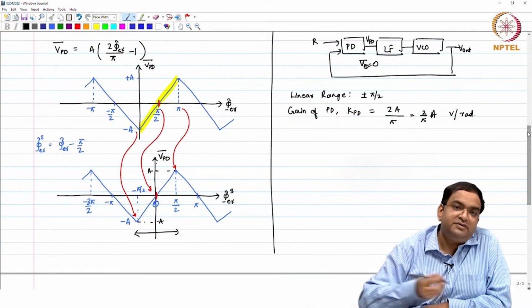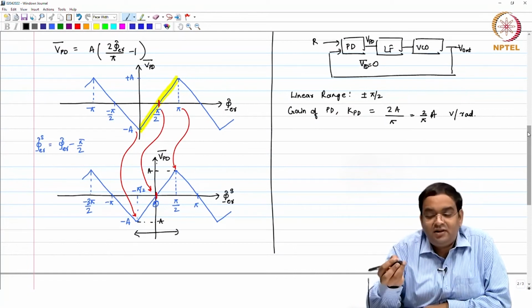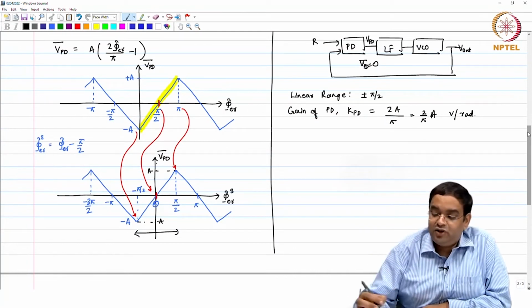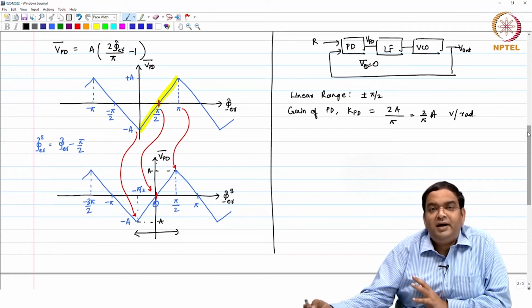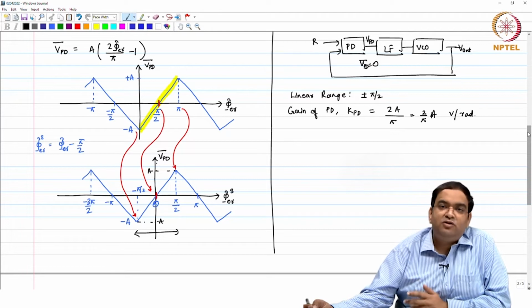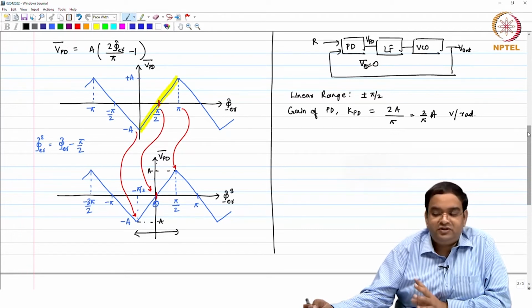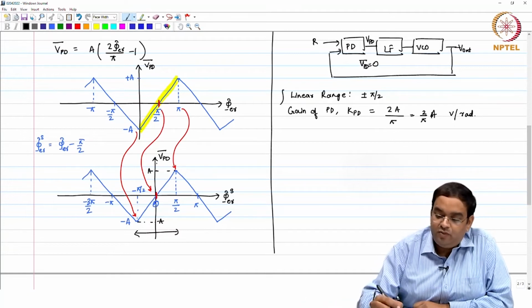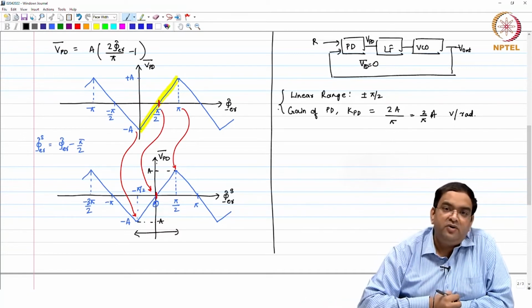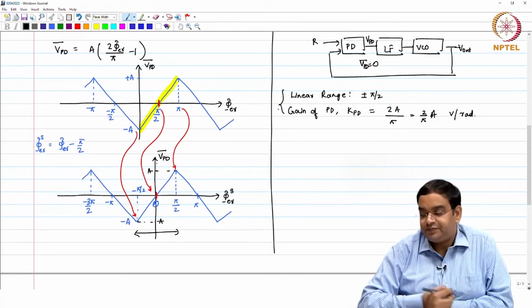In contrast to your mixer based stuff, in the mixer based one you had a non-linear gain, okay, and there was no linear range, there was only a monotonous range which we had. But here, on both counts, you actually perform better.